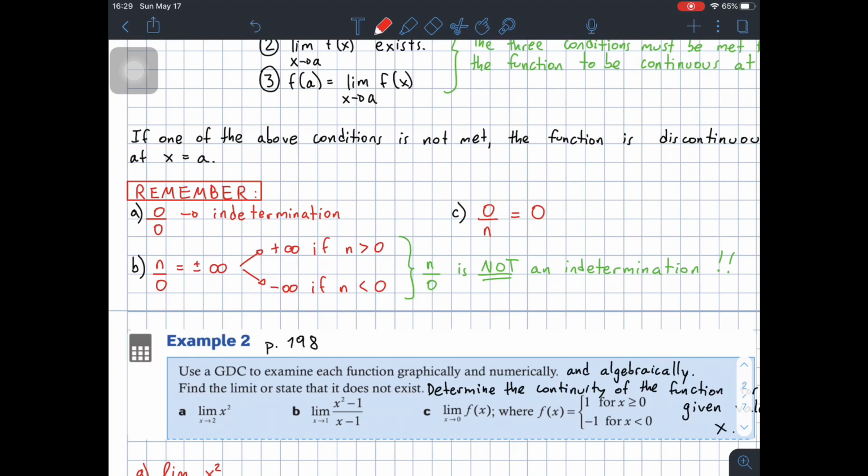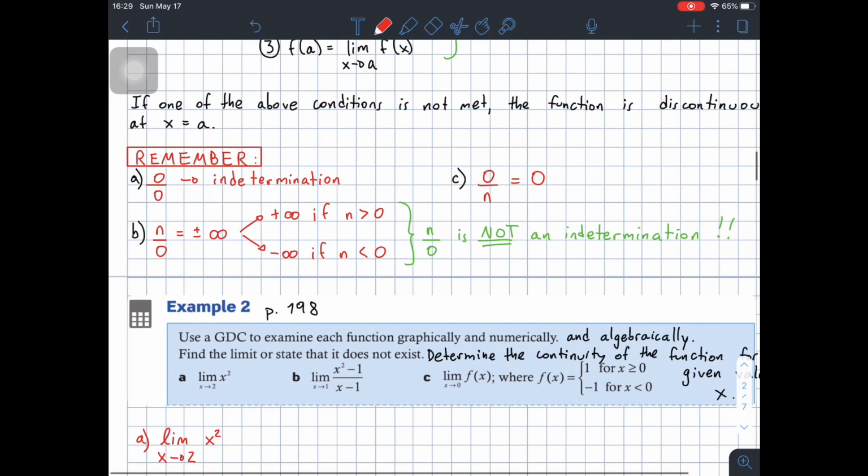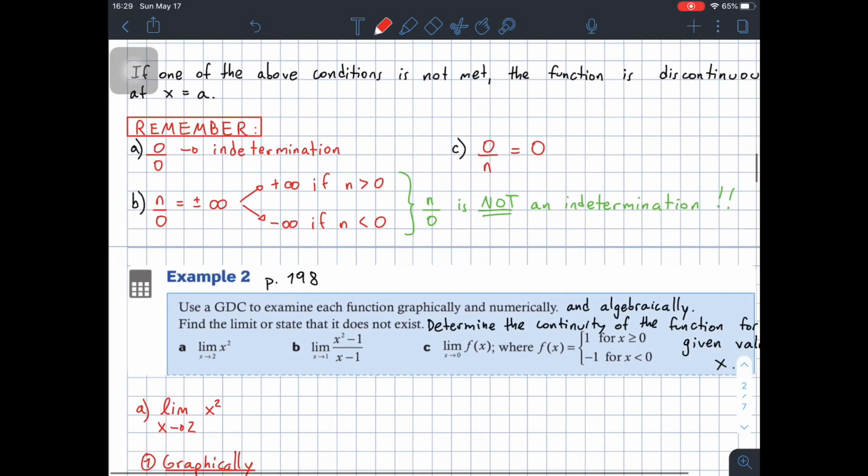Finally, property C says that 0 divided by any number is always 0. 0 divided by 1 is 0, 0 divided by 10 is 0, 0 divided by negative 8 is 0, and so on.